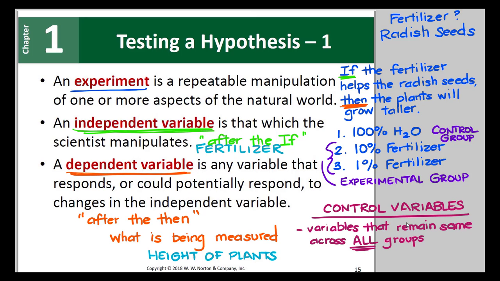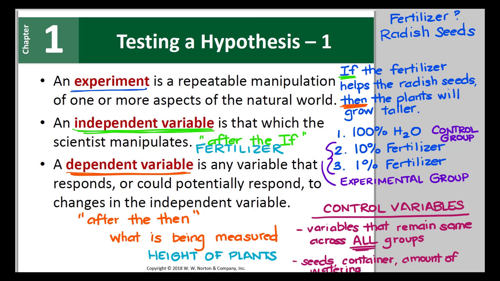So some of the things that are control variables are the seeds themselves. So we use the same seeds, the container we grow the plants in, okay, the amount of watering, so that accounts for whether they're water or with fertilizer, but the same amount.